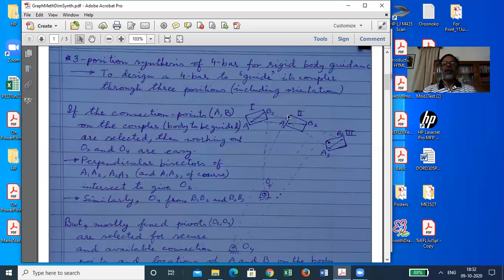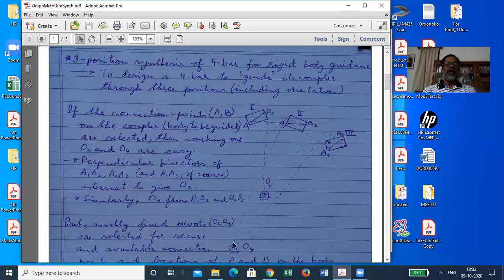So you draw a perpendicular bisector of B1B2 and the perpendicular bisector of B2B3, and wherever they cut, that will be O4. And if they don't cut, that means they are parallel, then basically you get a prismatic pair. Okay, so this is quite straightforward.